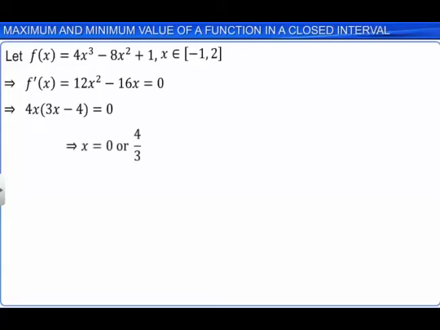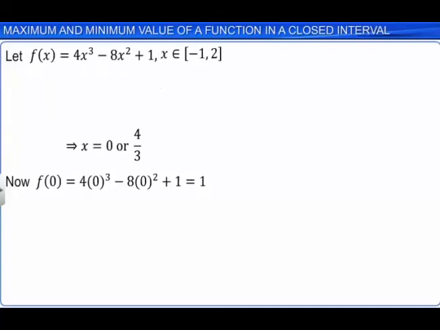Next, we find the value of the function at these points. The value of the function f at x is equal to 0 is 1. The value of the function f at x is equal to 4 upon 3 is minus 101 divided by 27.